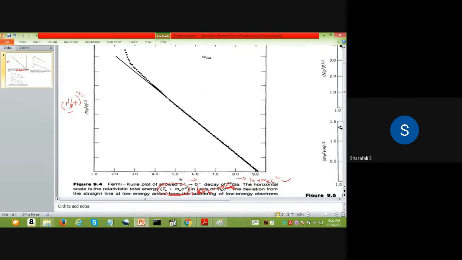You have to note that when you are plotting against T_e, where it touches the x-axis, you will get the Q value of your reaction. So from this curve we can see this for gallium, for a particular beta decay process.